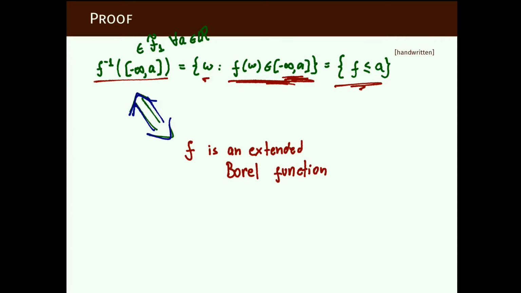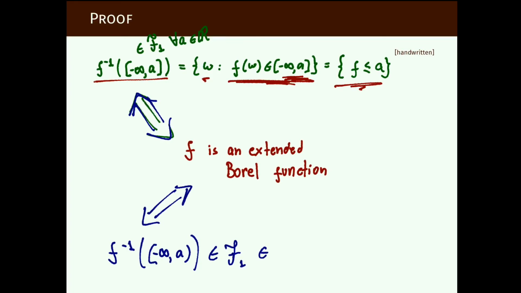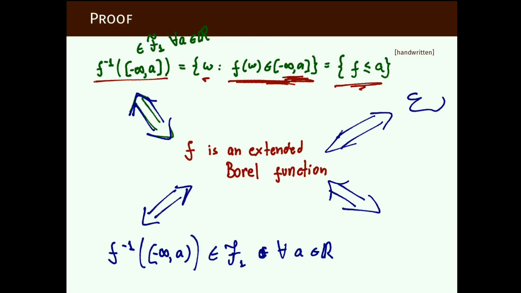And this is exactly what we have here, so those two previous lemmas that we recalled match perfectly to give this equivalence. And using an identical argument, we can prove that this is equivalent to f minus 1 of minus infinity to A, open at A, being in F1 for every finite A, etc. So we can prove the other equivalences with analogous conditions to conclude the proof of the lemma.